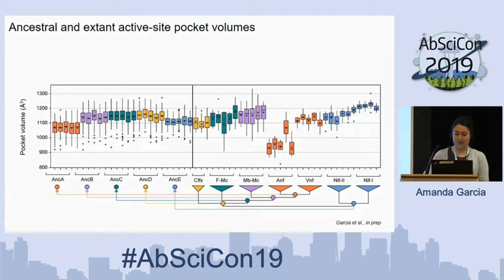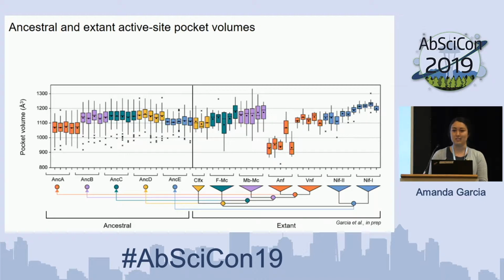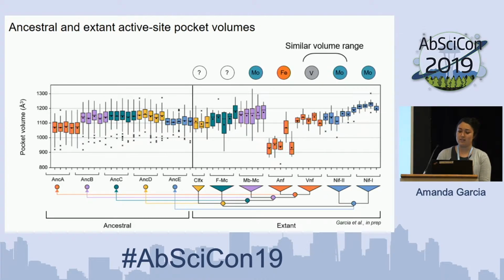Okay, so in this rather complicated plot, these are pocket volumes both for ancestral nitrogenases and for extant nitrogenases. And I just want to draw your attention to the right side for the modern ones. And what was kind of surprising was that we see that the vanadium nitrogenases, as well as one major group of the molybdenum dependent ones, seem to occupy a very similar volume range.